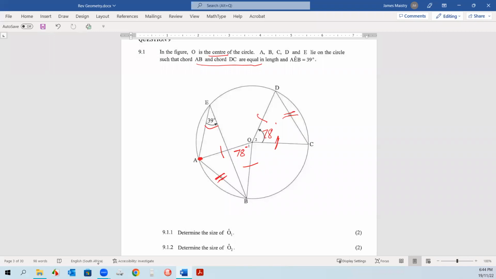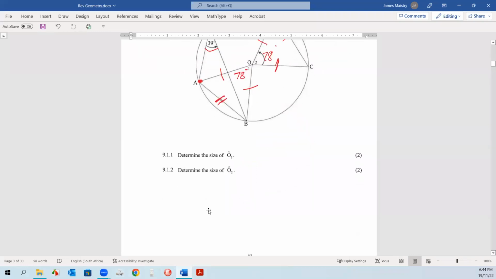We have two triangles which are congruent, side, side, side. Therefore O1 is equal to O2 using congruency. But we know in grade 11, equal chords produce equal angles at the center. So that was a good one to revise, equal chords.